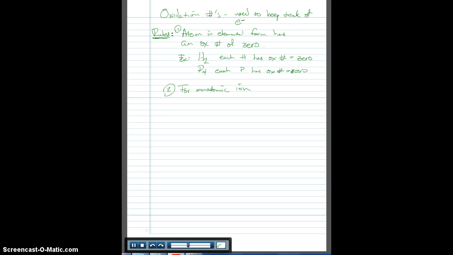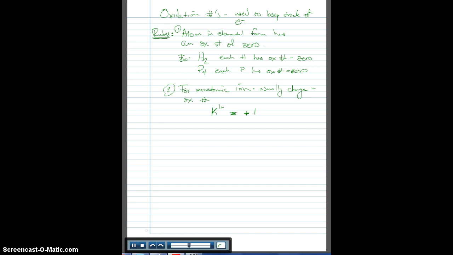For our monatomic ion that we have, any monatomic ion is going to have a charge. And so usually, the charge is going to equal the oxidation number of that ion. So, for example, let's say we have potassium, and potassium forms a 1+, we would say that potassium has an oxidation number of a +1.